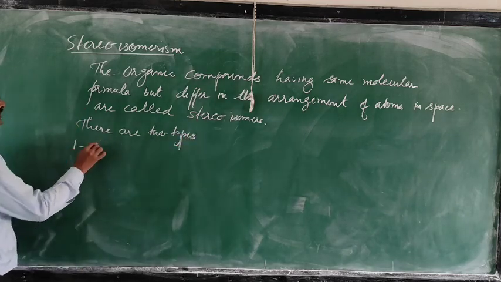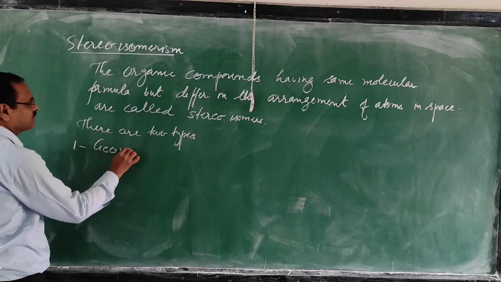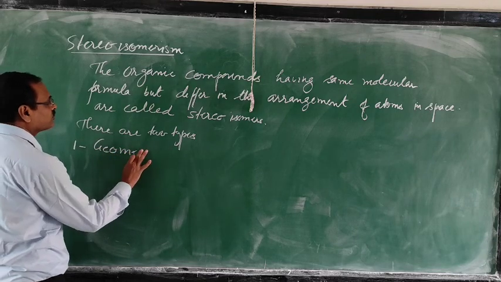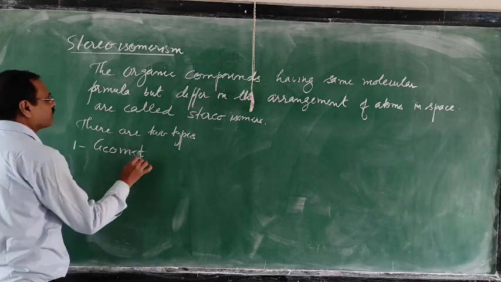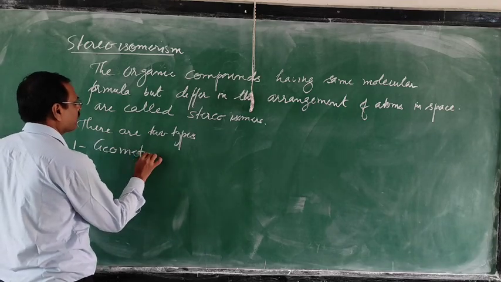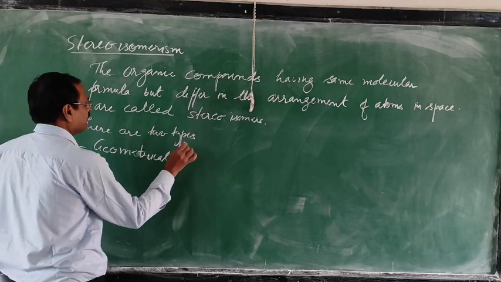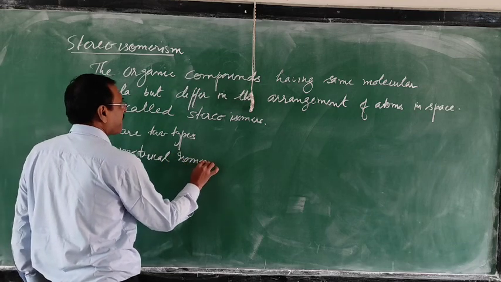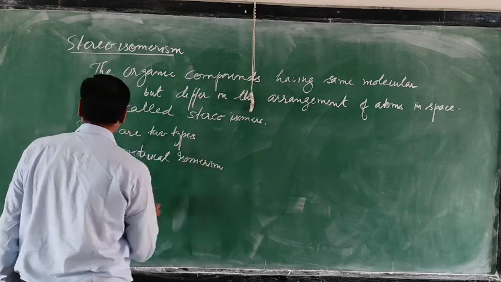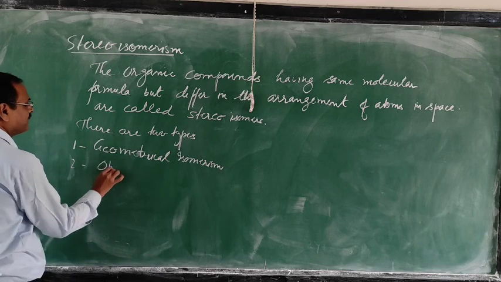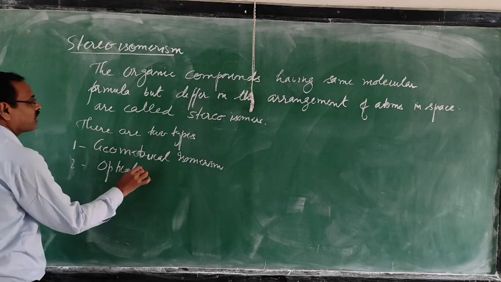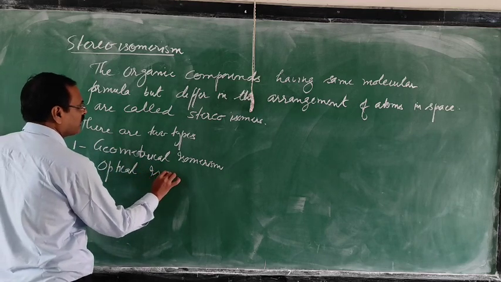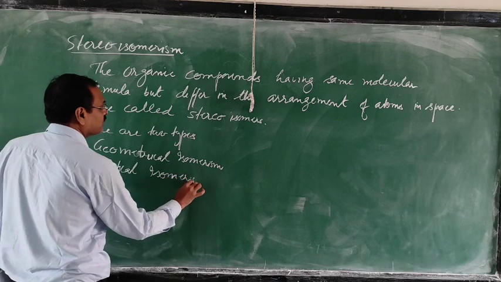One is geometrical isomerism, and the second one is optical isomerism.